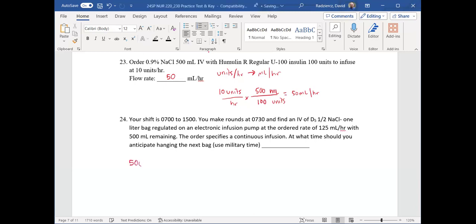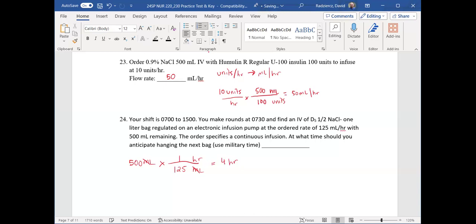That's what's remaining, and it's infusing at 125 milliliters per hour. I'm going to show you this way, because what this allows me to do is eliminate the units. But if you prefer, usually what I do is I just take whatever's left divided by the rate, and that gives me my answer. This would be 4 hours.